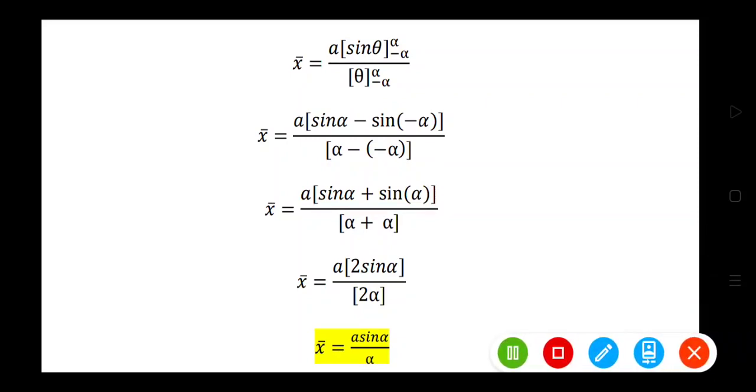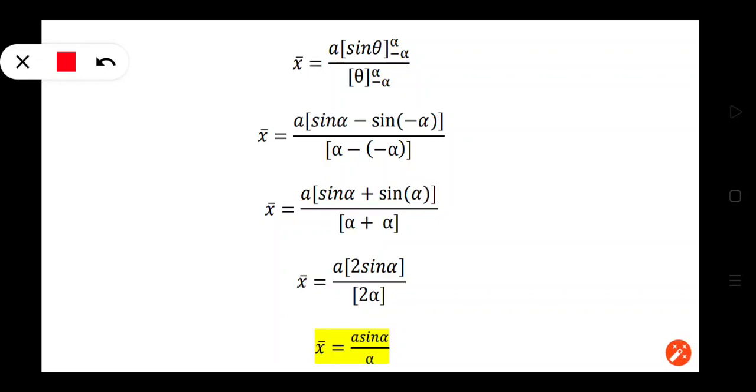Then it will be a times sine alpha minus sine negative alpha over alpha minus negative alpha. We note that sine is an odd function. That means that sine negative alpha equals negative sine alpha.